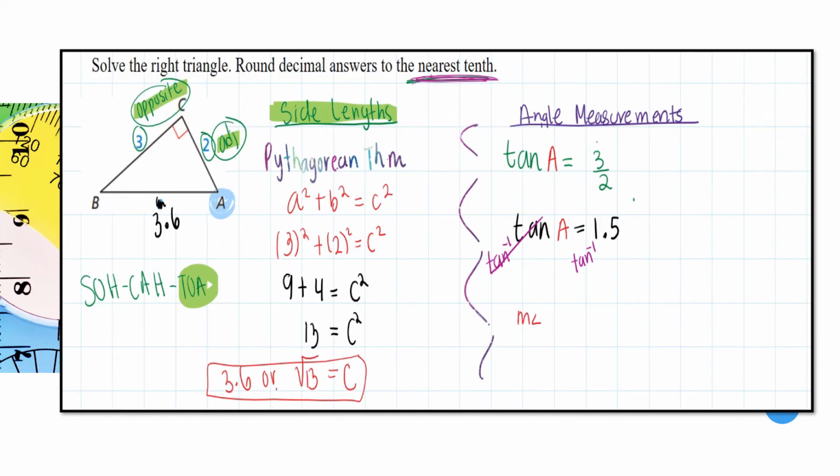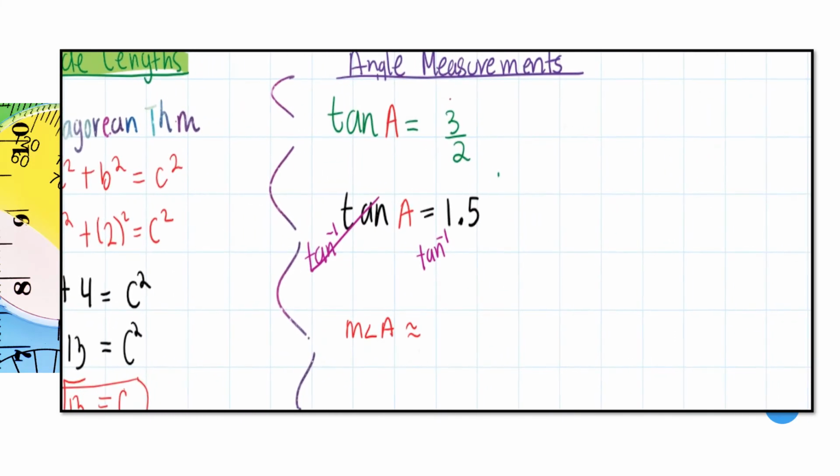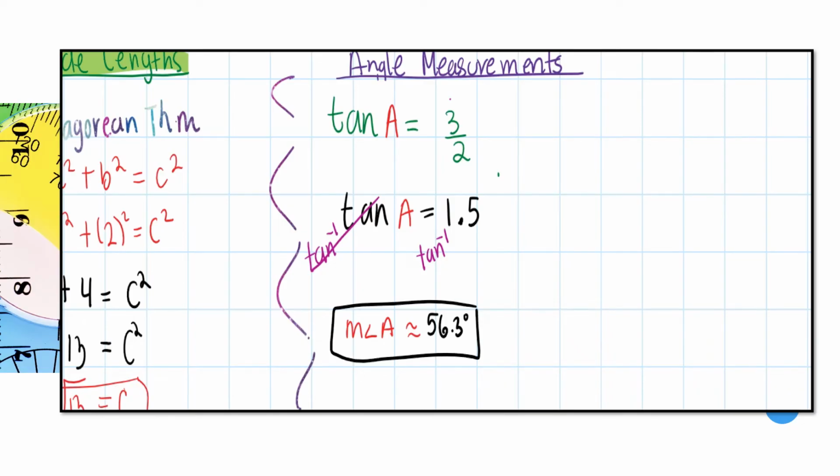If I take the inverse of tangent, that leaves my angle A alone. So angle A will be equal to tangent inverse of 1.5, which is approximately 56.3 degrees.